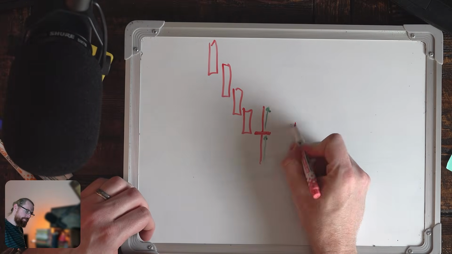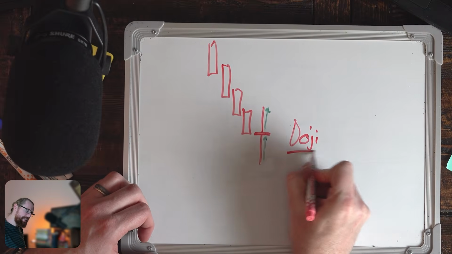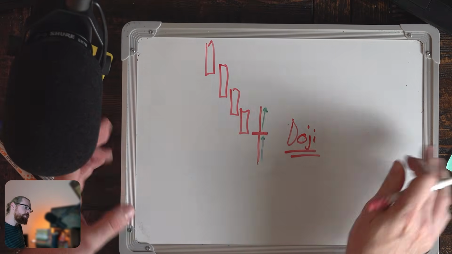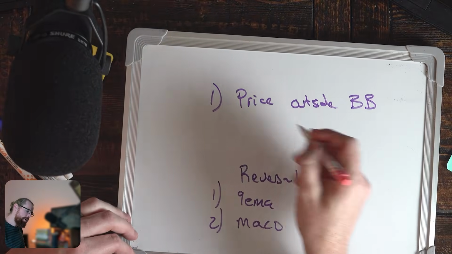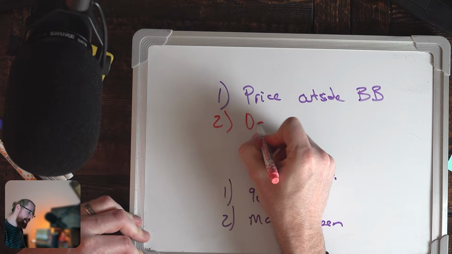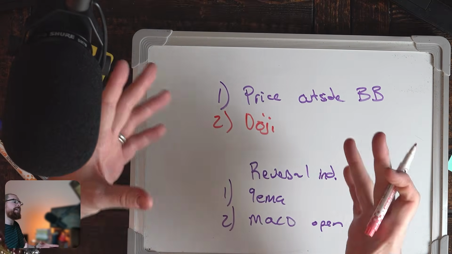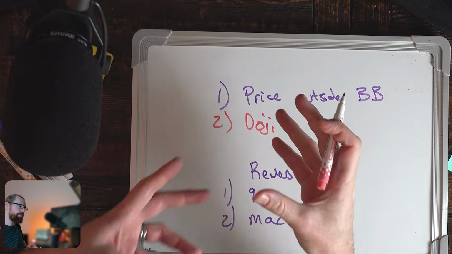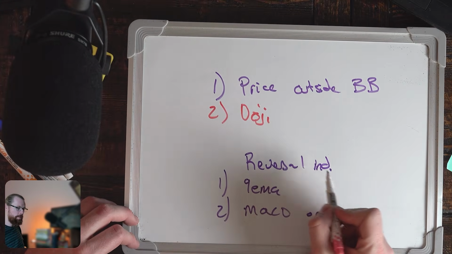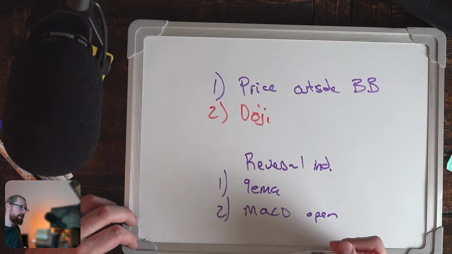So a doji is a candle of indecision. When you have a doji candle that occurs when the price is outside of the Bollinger Bands, that is amplifying the likelihood that we're going to see this reversal. And the reversal is, of course, we're going to come back to the 9, the 20, and the VWAP.